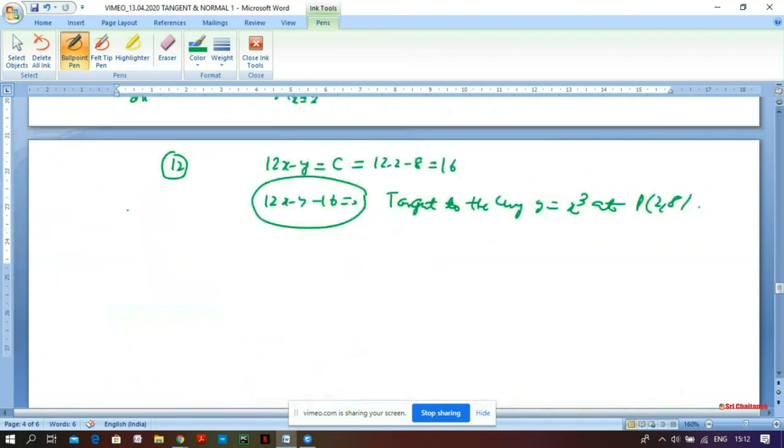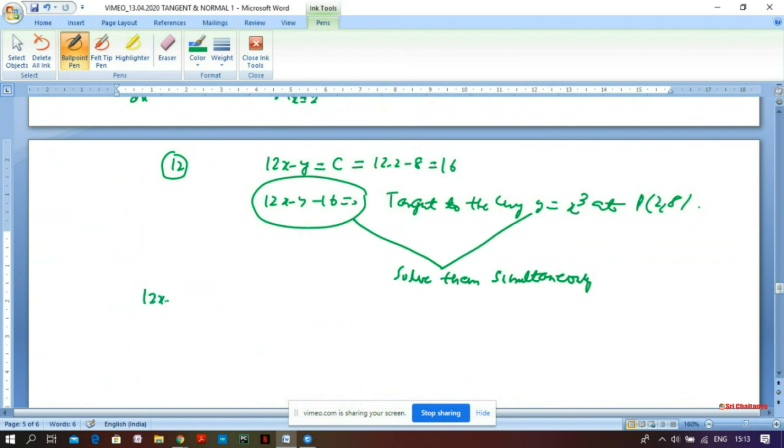I recommend you just make a rough diagram so that things are in clear focus. So this is the tangent of the curve. Now you have to solve these two simultaneously, both at a time. So just plug in anything, say y looks good. So I'll write y is 12x minus 16, that is x cube.